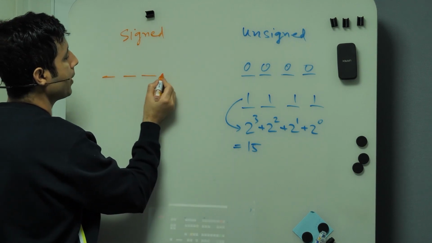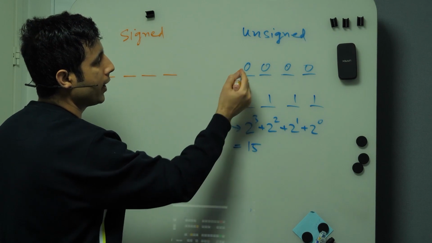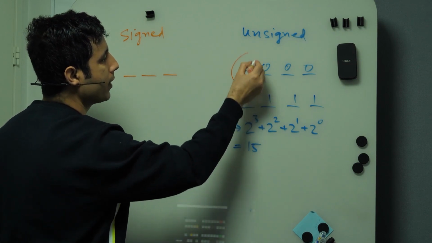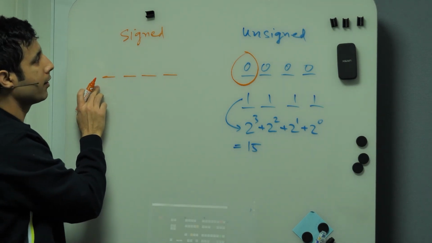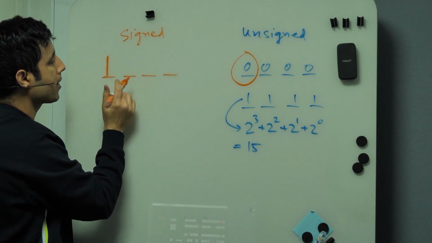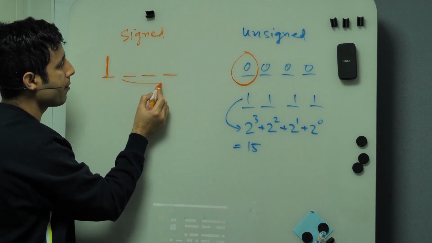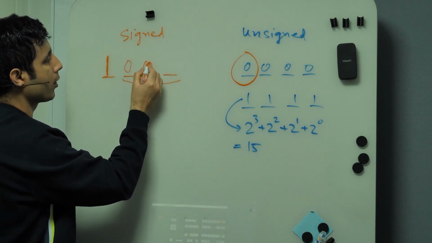Now for signed encoding, the least number won't be 0 0 0 0, because we already know the weight of this bit here is different, it's negative. So the least number would be if this bit was 1, because the contributions of these remaining bits are positive, so the least number would have them as 0.